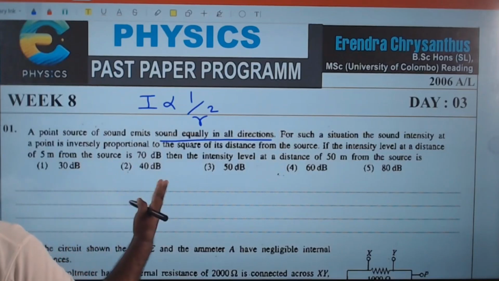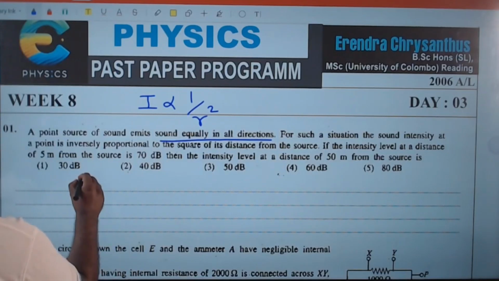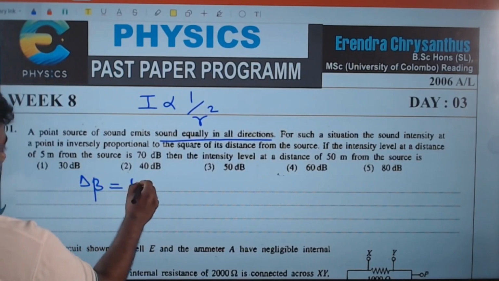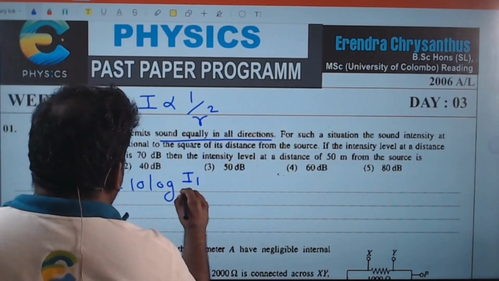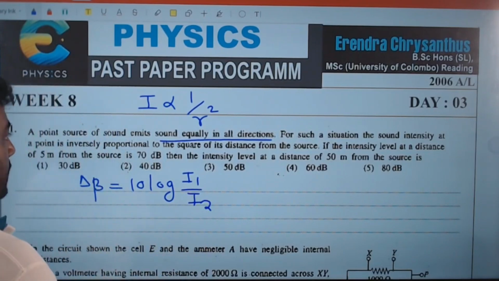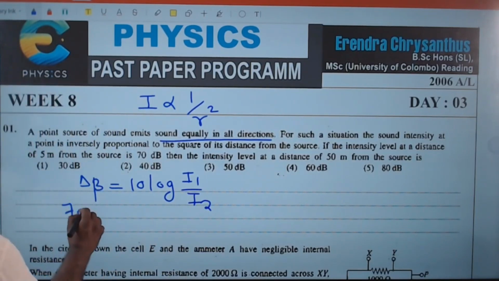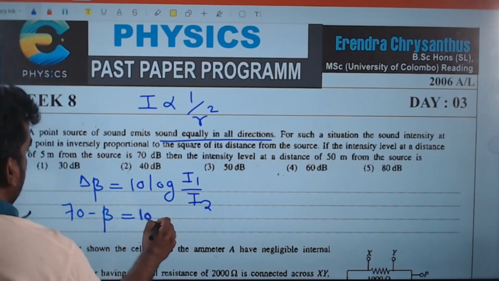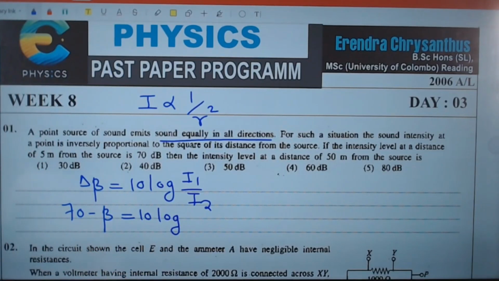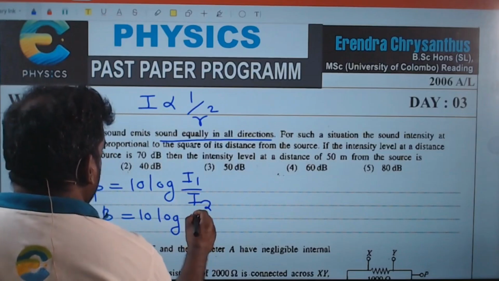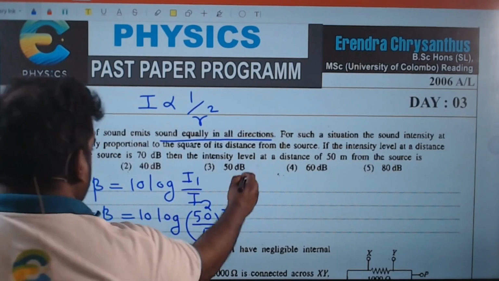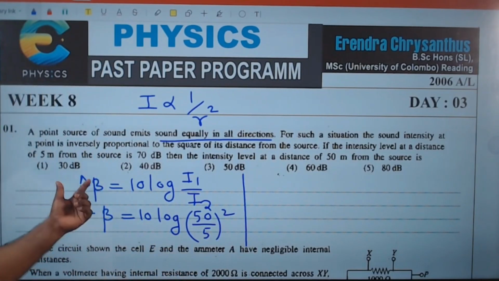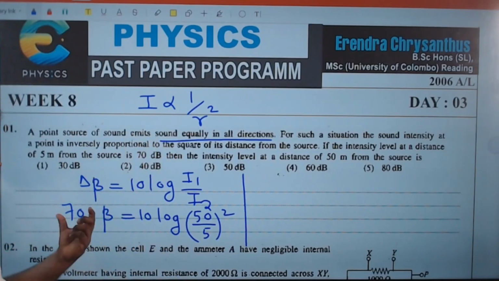So 50 means far, so lesser. If you look at it, delta beta is 10 log I1 divided by I2, right? 70 minus beta is 10 log, closer the better, (50 divided by 5 whole thing squared). The farther you go, beta reduces, so there's a difference.